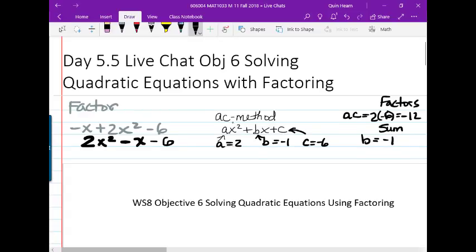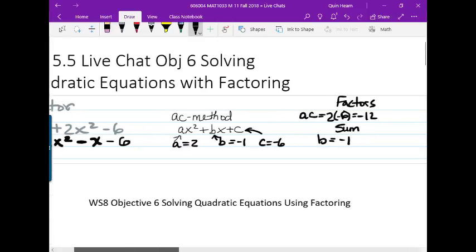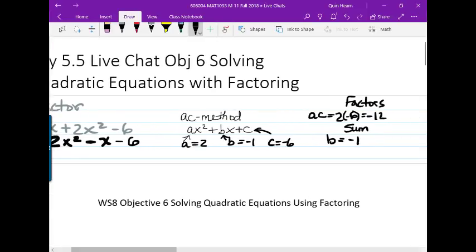Thinking about what multiplies to give you 12, we have 1 and 12, 2 and 6, and 3 and 4. All our pairs of numbers multiply to give you positive 12. In order to get a negative 12, you need a positive and a negative.